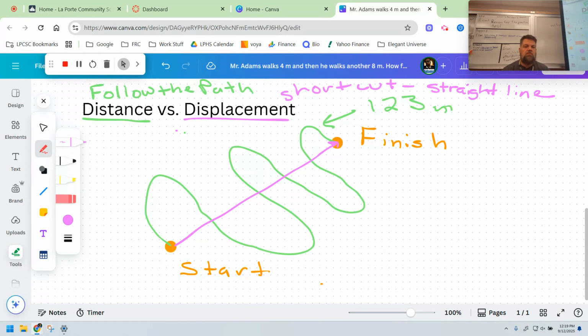Okay. What is the thing about distance? Follows the path. And so in this scenario, the distance might be 25 meters. Or not distance, the displacement.